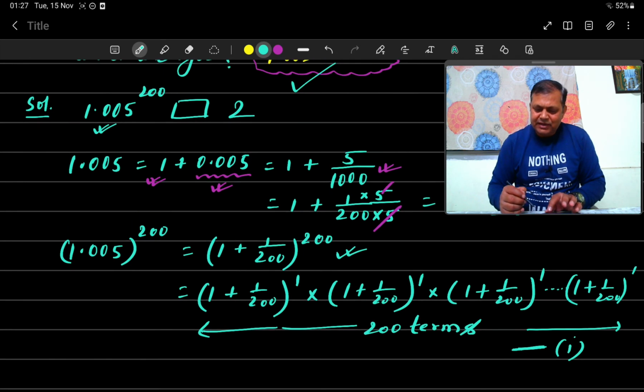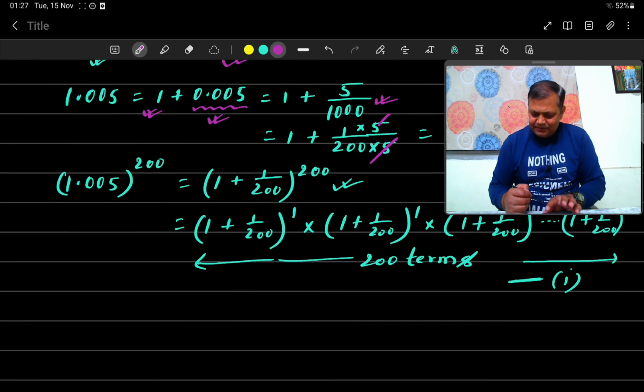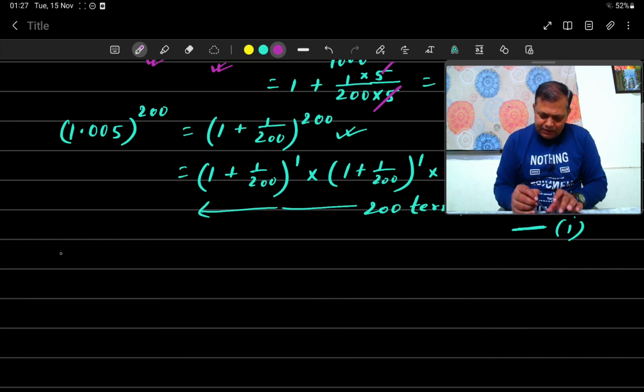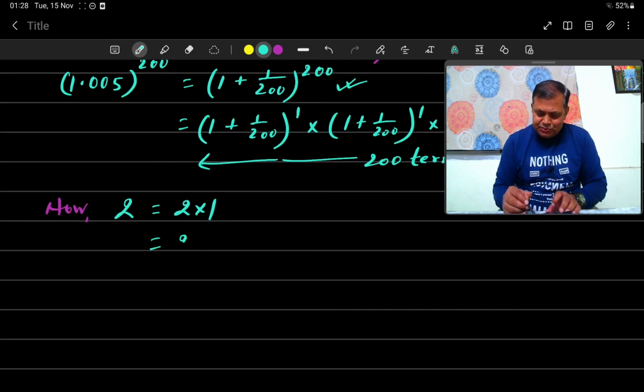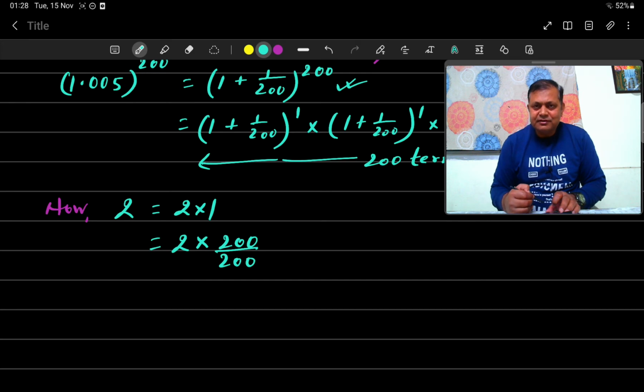Now we have to think of a very simple number like 2, right? Just see here. The number 2 can be written as 2 multiplied by 1. That's very simple. But the interesting point is that 2 multiplied by 1 can be written as 200 divided by 200.